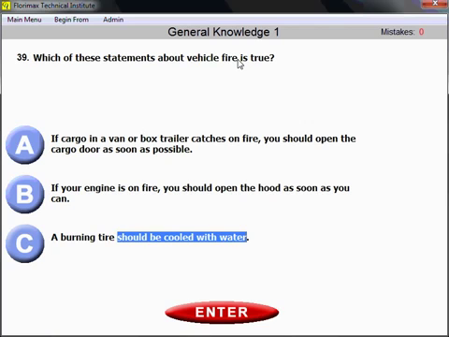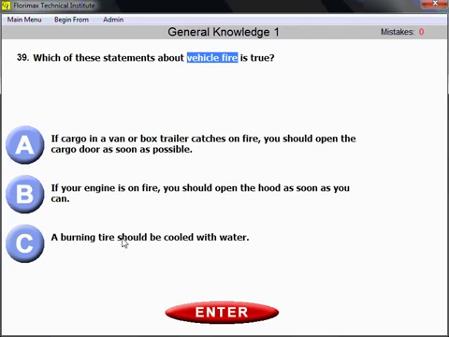That's something you have to do in case of a vehicle fire, and even to prevent a fire, because a burning tire and an overheating tire should be cooled with water. That's the correct action, and the only correct action at the fire scene. You need not open the trailer box.